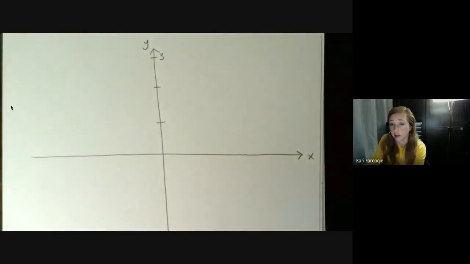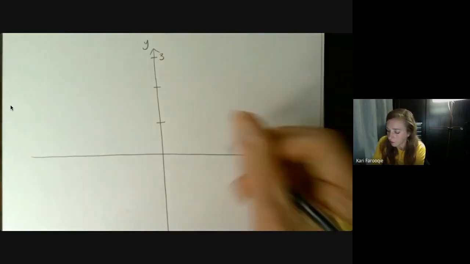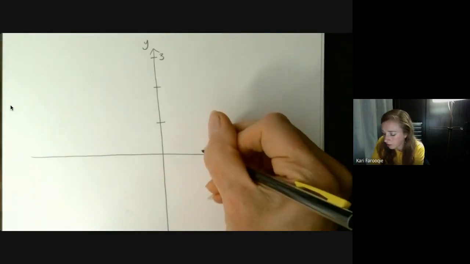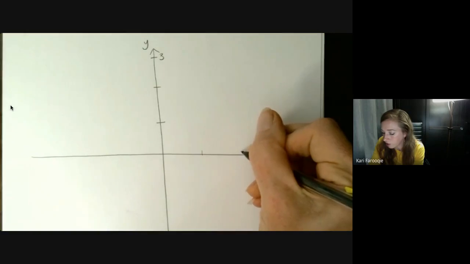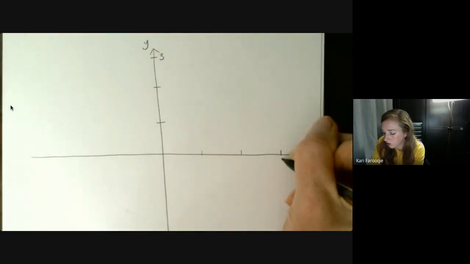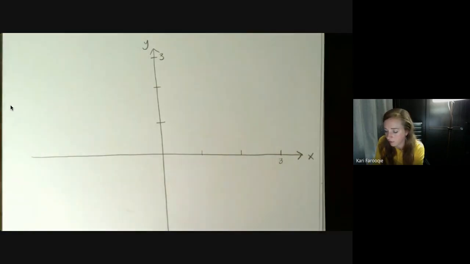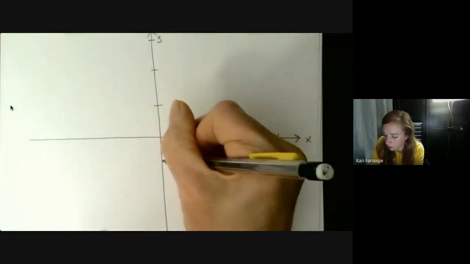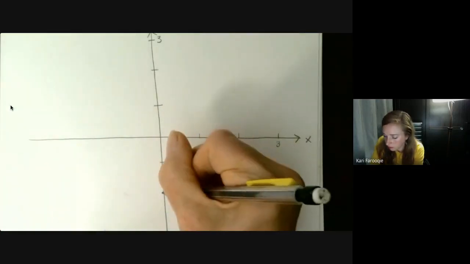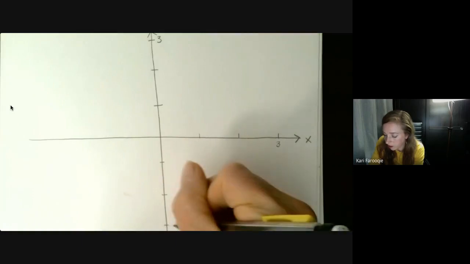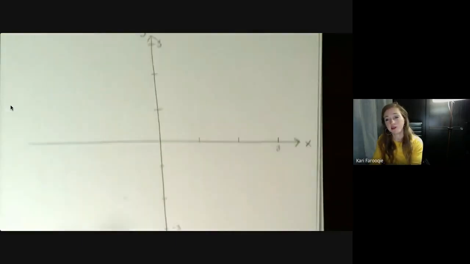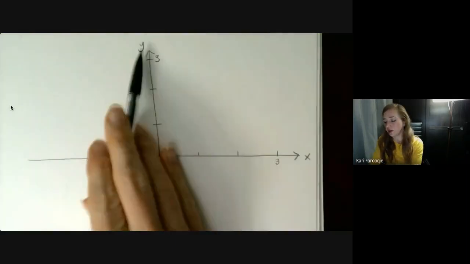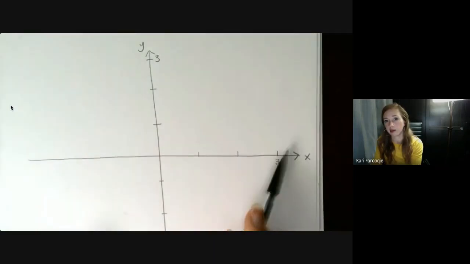By the way, all this labeling that you're seeing me do, as long as you label some tick marks, you don't have to label every single one, but I at least want to see you label the mins and maxes. You don't have to go through and label everything. And then, of course, label the x and the y-axis. My Calc 2 teacher actually took off points if we did not label the y-axis and the x-axis.